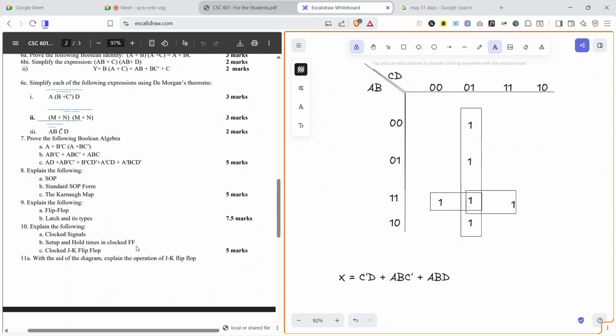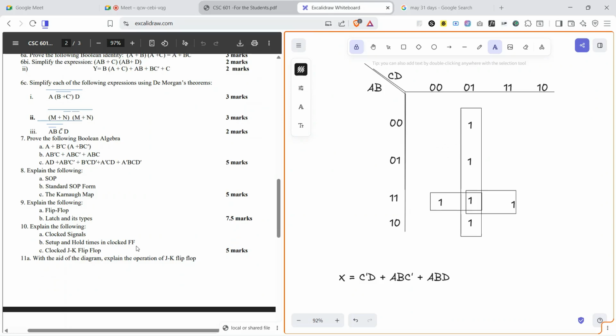So flip-flop. Earlier on, we talked about combinational logic circuits. Combinational logic circuits have no memory, remember. They are dependent on the inputs. The output you will get is dependent on the inputs.